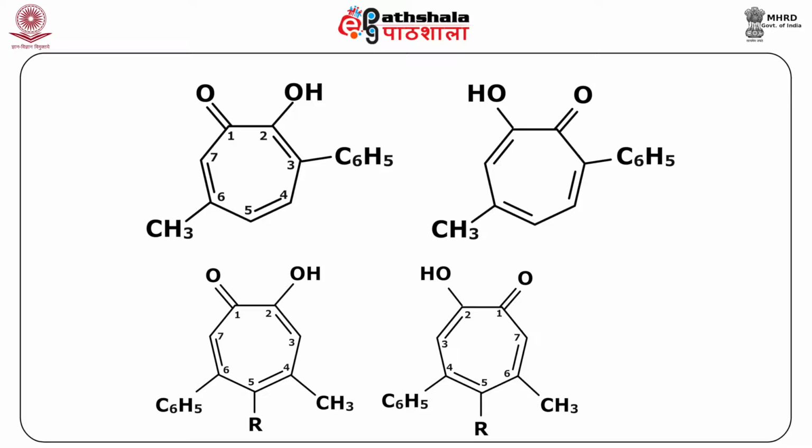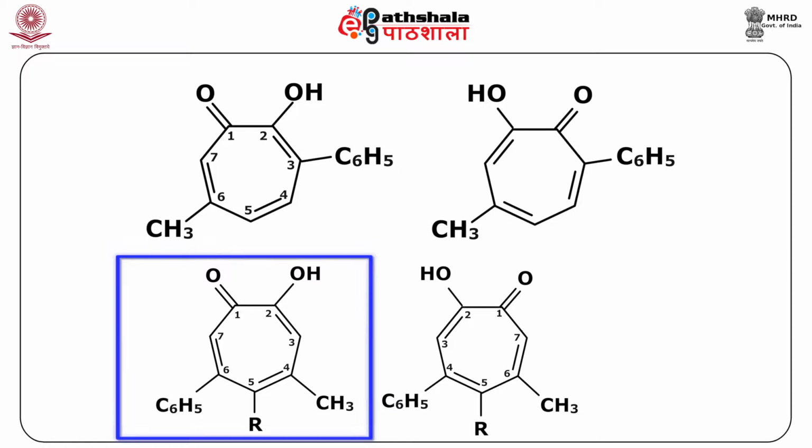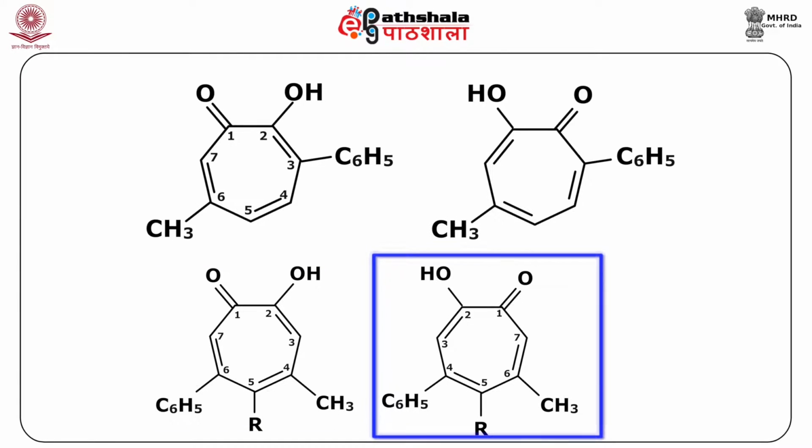For example, the compound shown in the figure is named 4-methyl-6-phenyl tropolone and not 6-methyl-4-phenyl tropolone. The name tropone is used to designate 2,4,6-cycloheptatriene-1-one, but the use of other trivial names has been kept to a minimum.